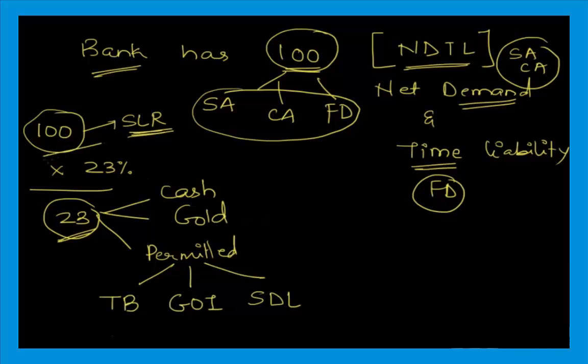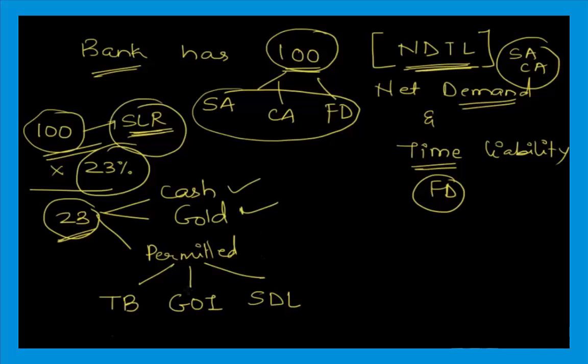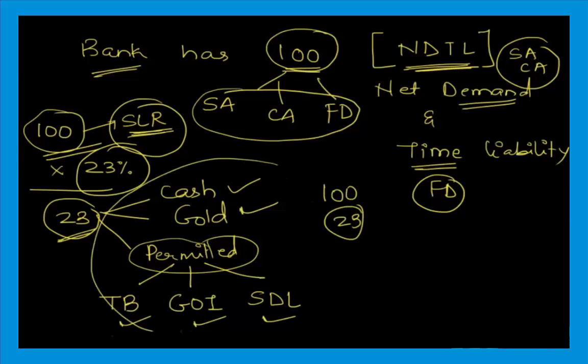Which means out of the 100 rupees that the bank has as NDTL, the bank has to keep 23% as SLR. SLR can be cash, gold, or permitted securities, which are treasury bills, government of India bonds, or state development loans. That means out of 100 rupees, 23 rupees has to be in this.